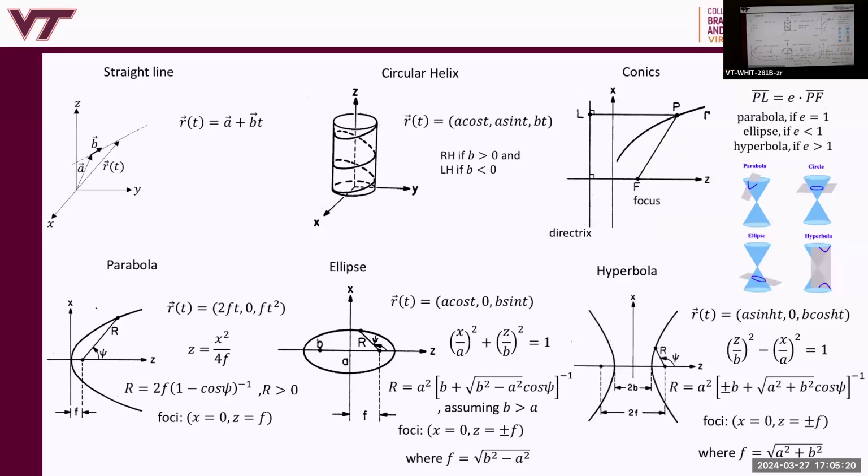A directrix is parallel to the x-axis, and it's some line, maybe somewhere behind this thing. The length of L to P is equal to the eccentricity parameter E multiplied by the length from P to F. F is called the focus, and the parallel line is called the directrix. So that's how you define these conic sections. Now, okay, so what do you guys know?